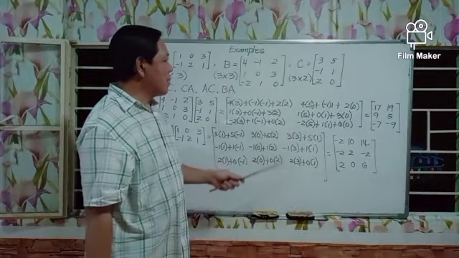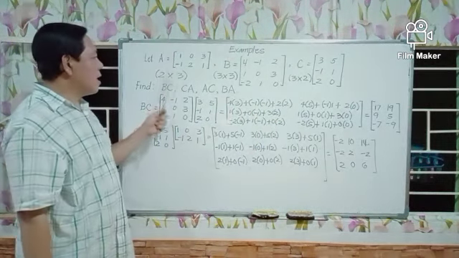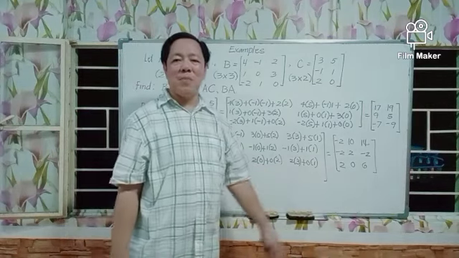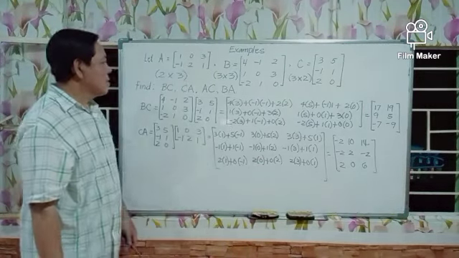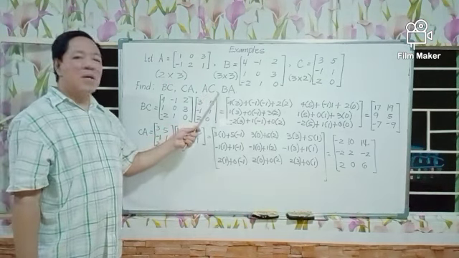And the shape of the product of matrices C and A, we said earlier, is 3 by 3. And this is a 3 by 3 matrix. Now, we find the products AC and BA.